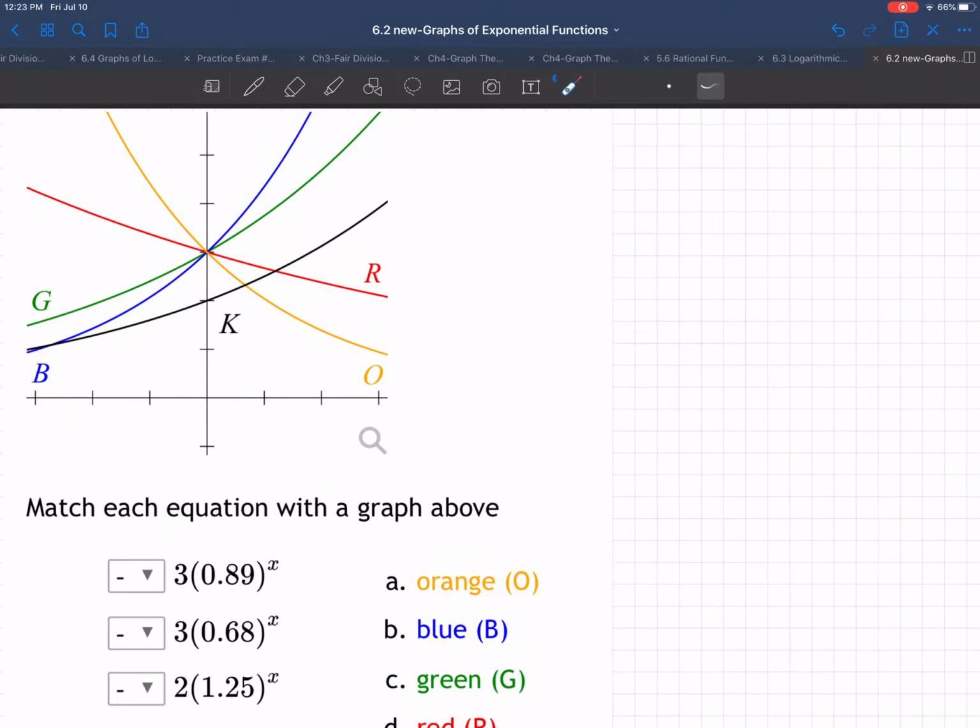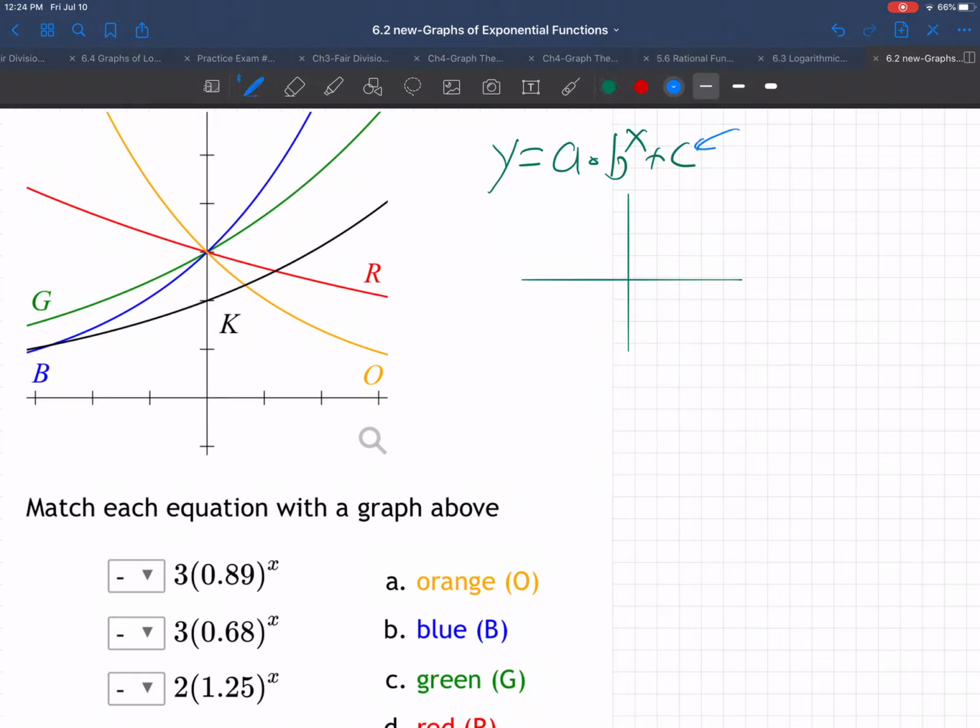Here we have an example of a bunch of exponential functions, and we're supposed to match the equation with the graph above. Let me give you the general look of an exponential function. Y equals a times b to the x plus c generally looks like this.